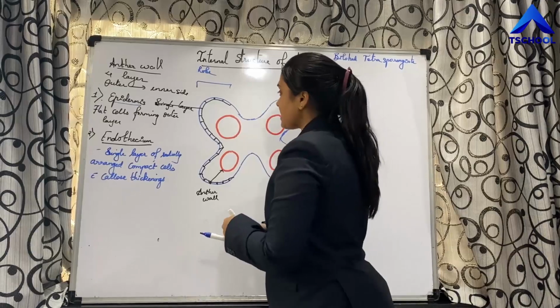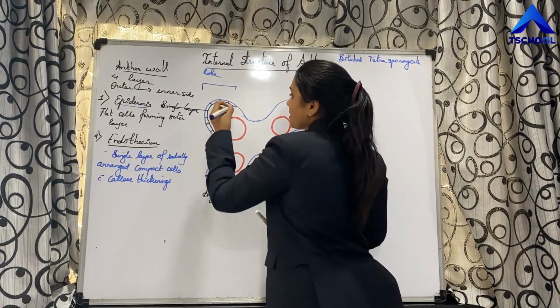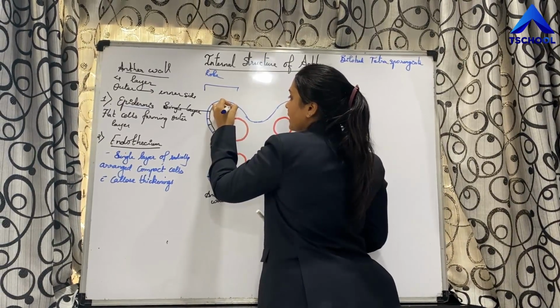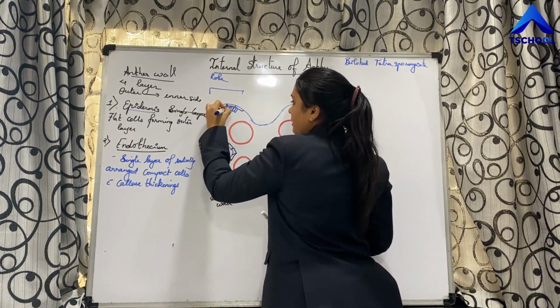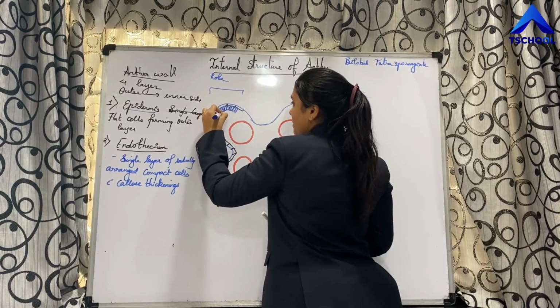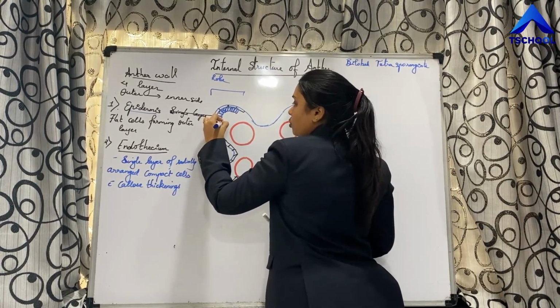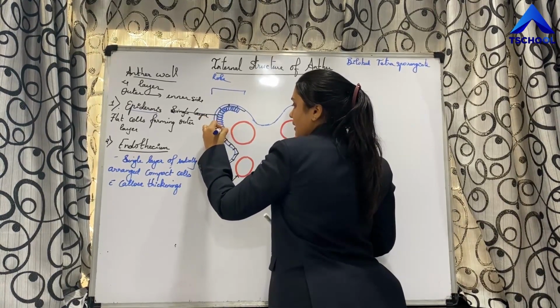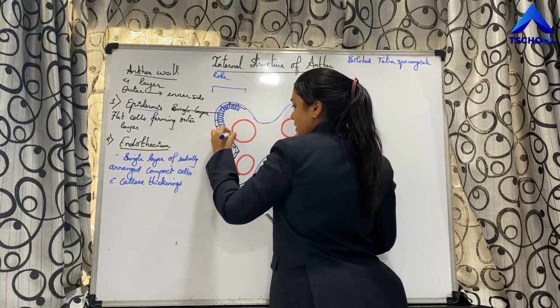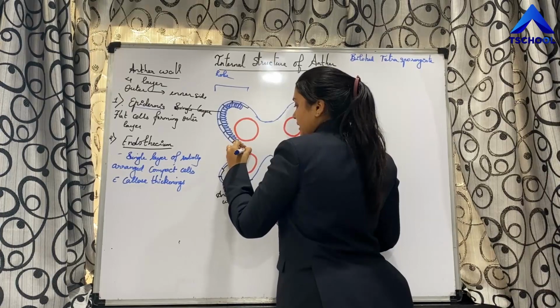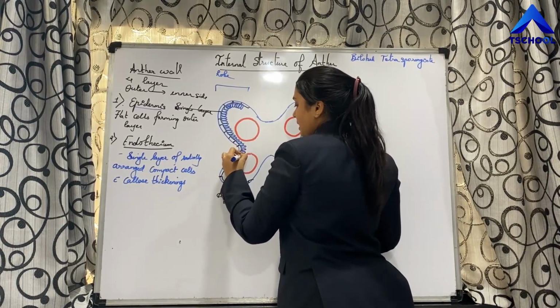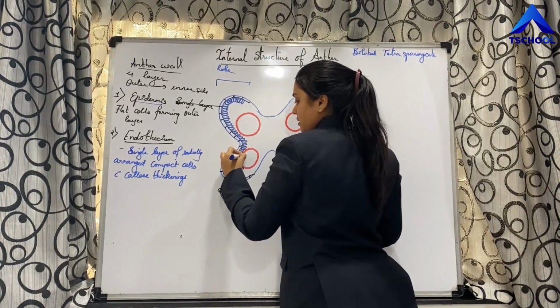Inner to epidermis is a single layer of cells which are radially and compactly arranged. That layer is called endothecium. And in between these cells of endothecium, there will be thickening. That thickening is made up of callose.